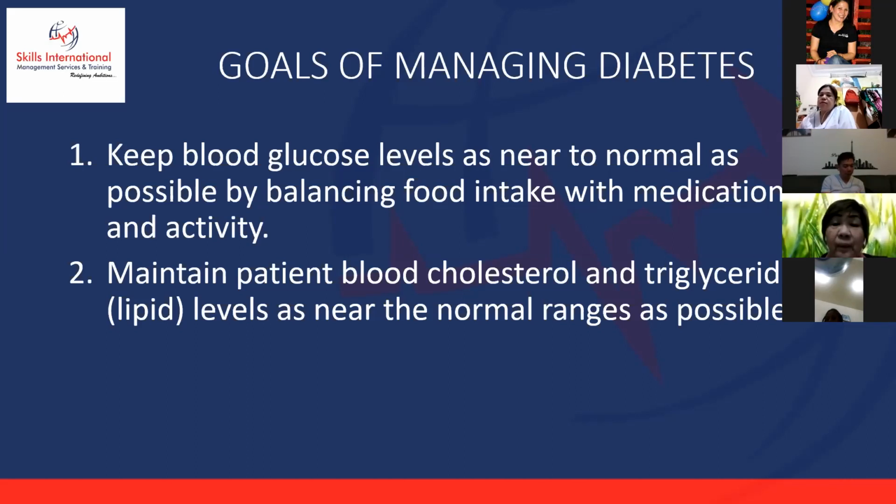So number one of your aim is to keep the blood glucose level of your patient as normal as possible by balancing food intake with medication and activity. When preparing food for your patient, you have to check the food that is going to be eaten by your patient, like carbohydrates. It is not good for the patient to have more carbohydrates.